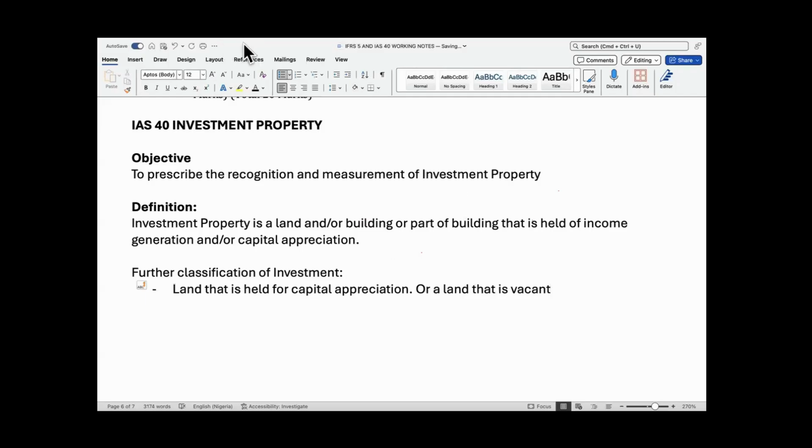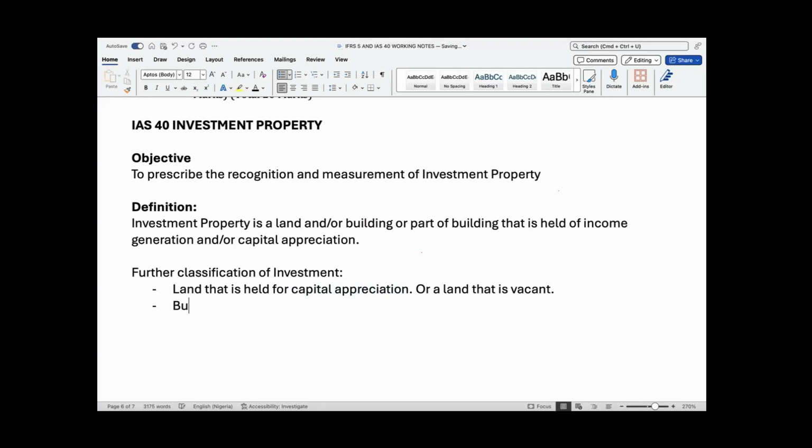So if you have a land that you are not using for anything, you don't know what you want to use it for, that is a land that is vacant. It is also held for capital appreciation because the value will go up. So when you hold a land that is vacant, we assume that you are holding it for capital appreciation because the value of the land will definitely appreciate.